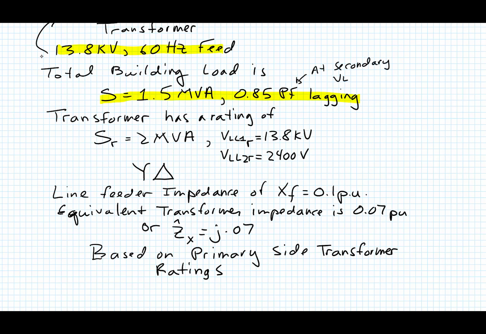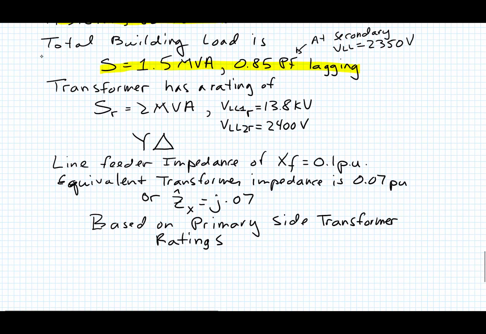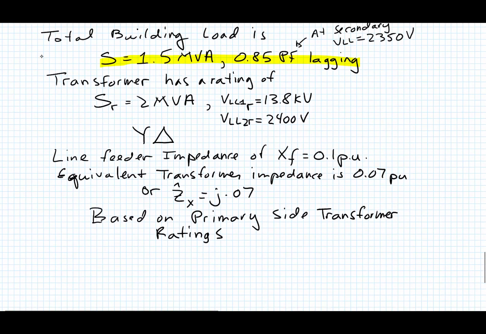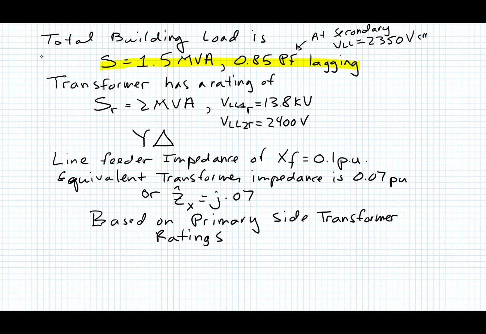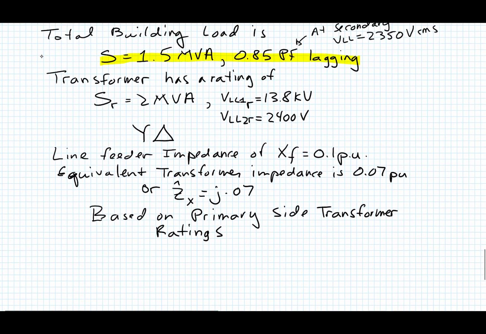So we'll say that V line to line as measured is equal to 2350 volts. That's a RMS measurement, and it's a line-to-line measurement. So that's important information.